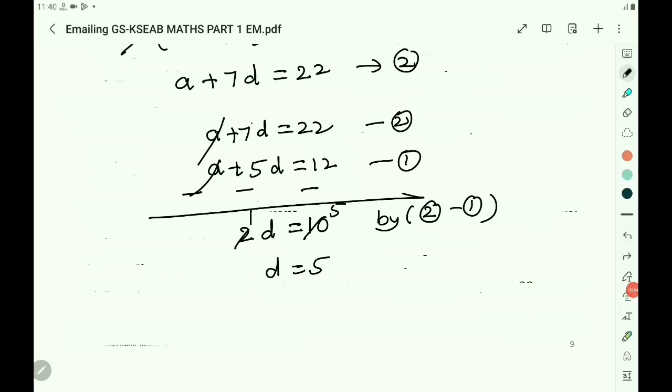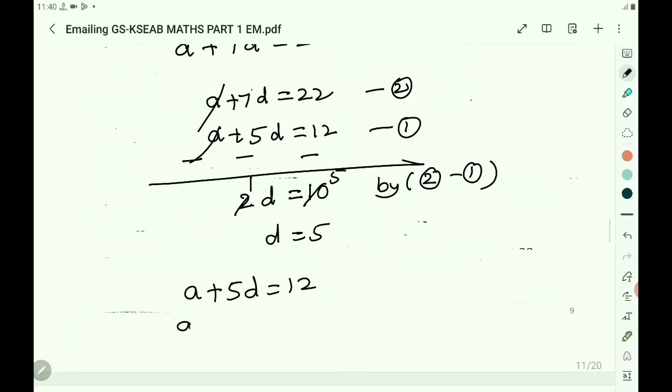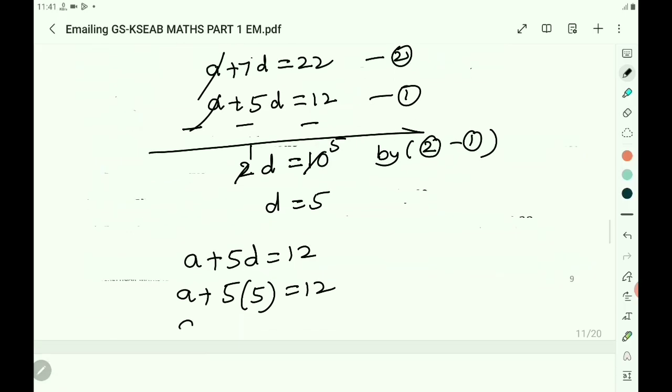And to get the value of a, take any one of the equations. Let us take the first equation. A plus 5d equals 12. A plus 5 into d, d is 5, equals 12. A plus 25 is equal to 12.